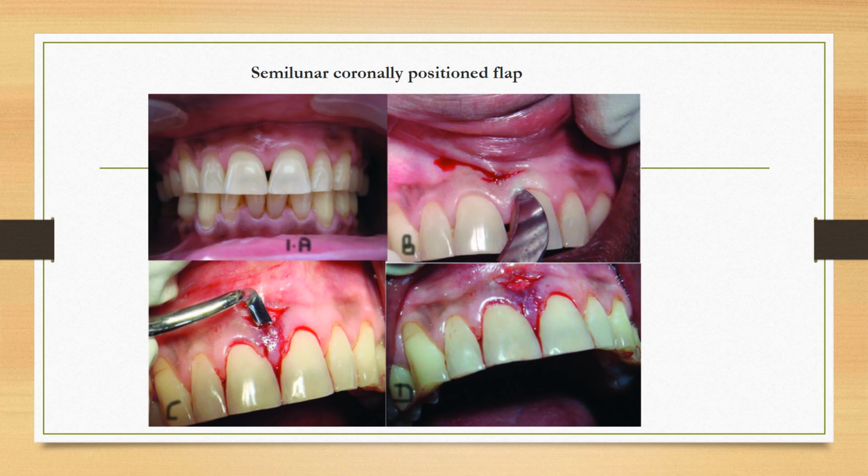There is the mucogingival junction, the alveolar mucosa and the attached gingiva, and an intrasulcular incision will be given so that it creates a split thickness flap, and this can be pushed coronally to the interdental area. Then this can be sutured. It can be kept aside for 1 minute for hemostasis, and then you can give the surgical dressing.